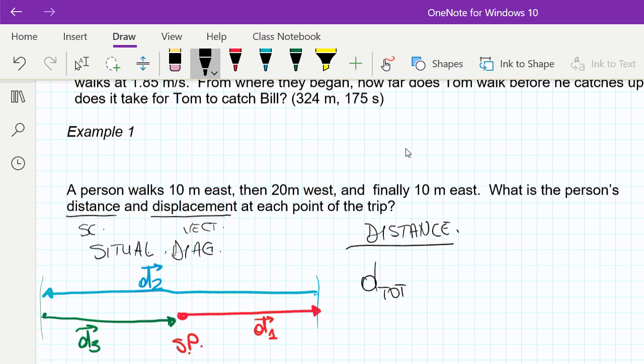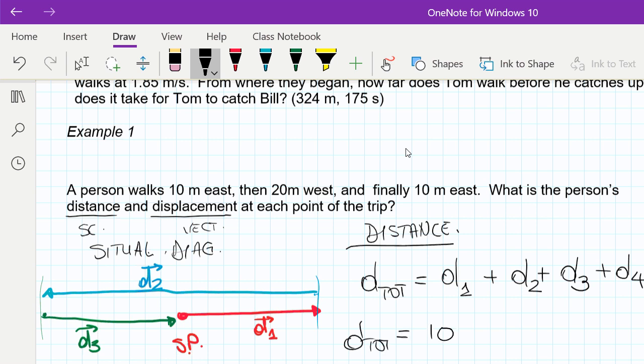When we are finding the total distance, we add whatever distance the person is moving. So D1 plus D2 plus D3, yeah, Brady, you're right, plus D4. So D total will be 10 meters plus 20 meters, adding them simply, plus 10 meters. So D total will be 40 meters.